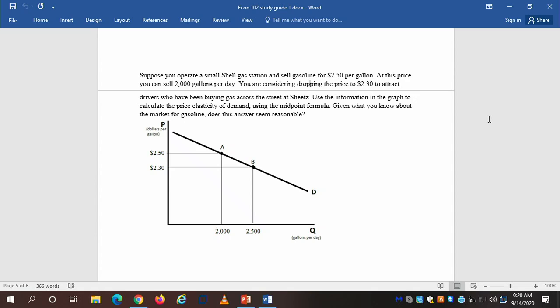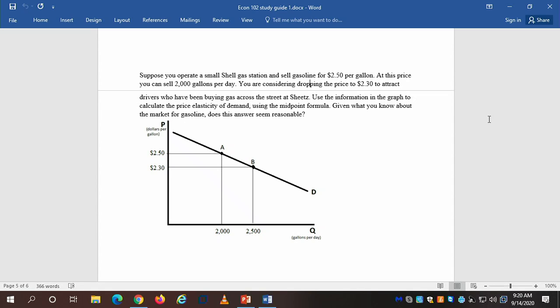So that's going to equal, Q2 is 2,500, so 2,500 minus 2,000 divided by 2,000 plus 2,500 divided by 2.